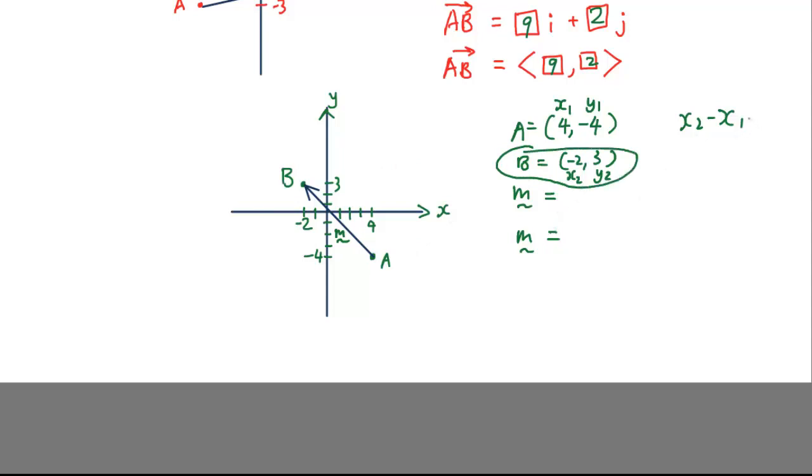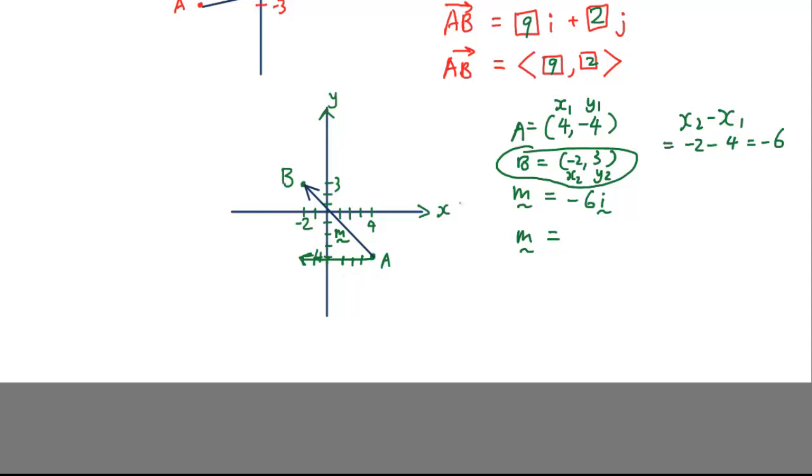So then we have -2 minus 4, which is -6. So it's -6i, because if you think about it, from point A to point B, we're moving to the left 6 units, right? 1, 2, 3, 4, 5, 6 units.